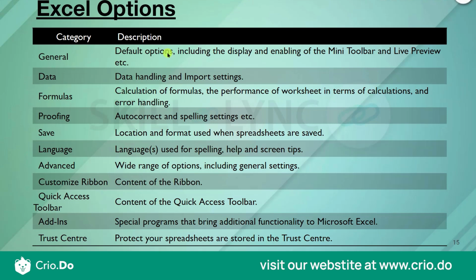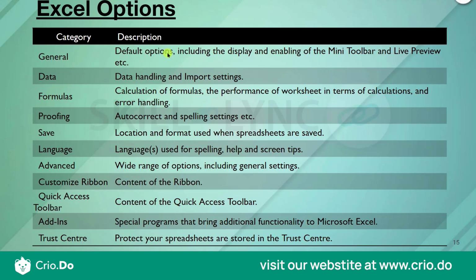This category we use to choose the settings for the data handling and import settings, how we can import the data into that Excel. Then we have the formulas as well. In the formulas category, we have calculation of the formulas, the performance of the worksheet in terms of calculations, and error handling. Proofing, we have autocorrect and spelling settings, etc.